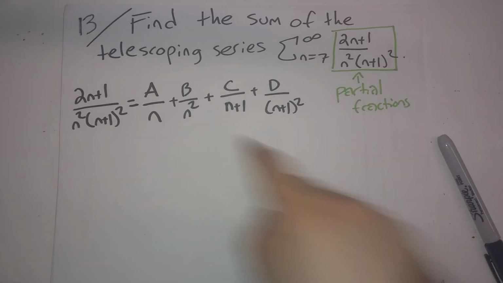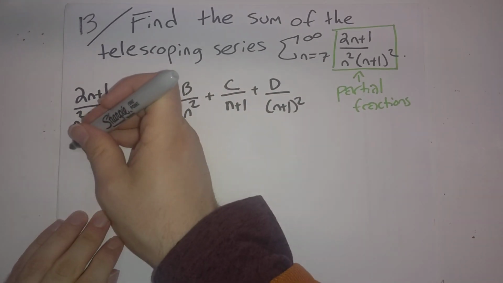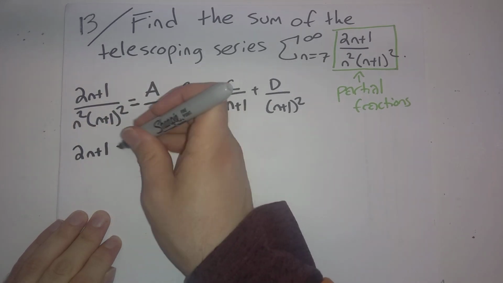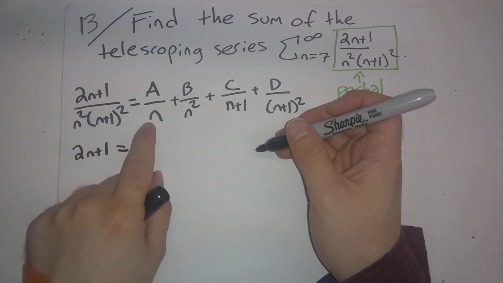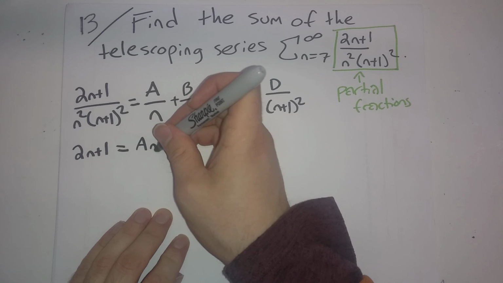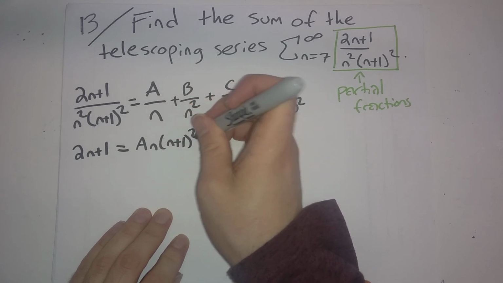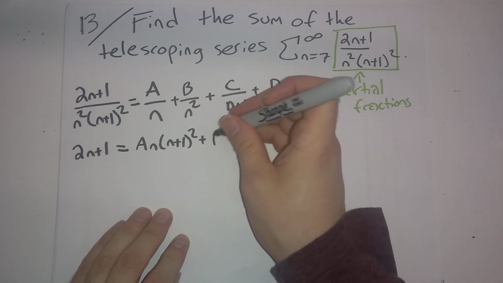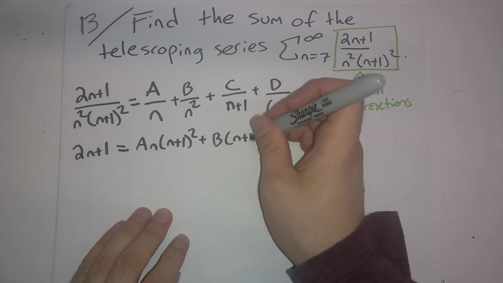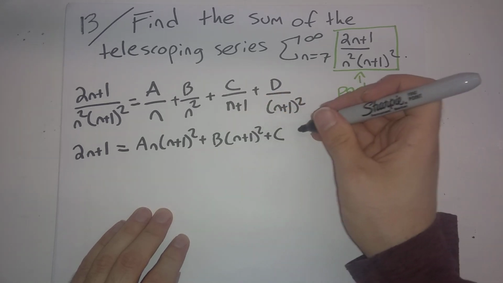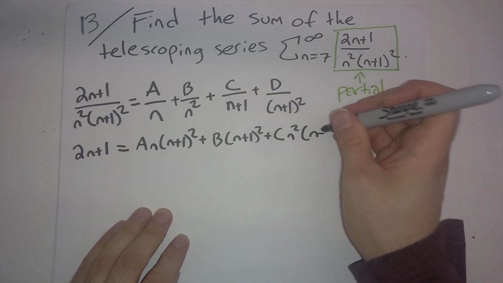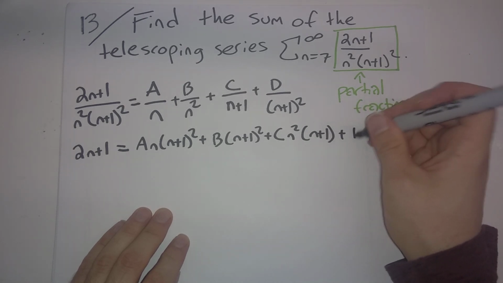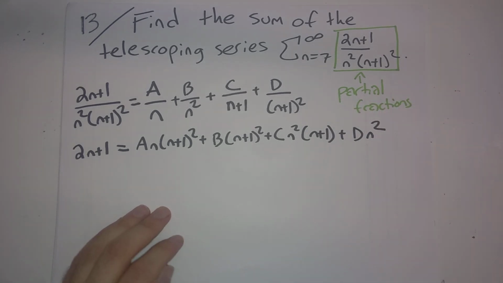So first we multiply through, clearing out all of the denominators. 2n + 1 is equal to A times n times (n + 1) squared, plus B times (n + 1) squared, plus C times n squared times (n + 1), plus D times n squared.